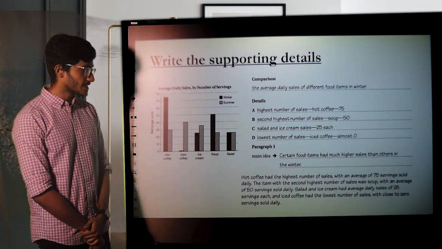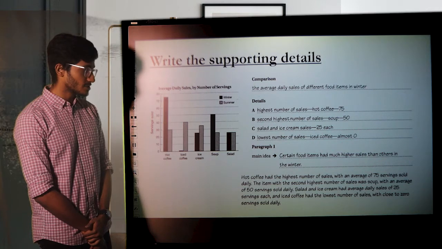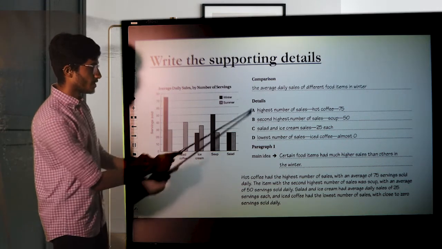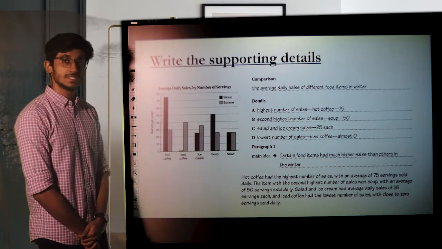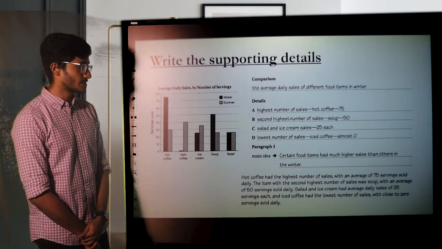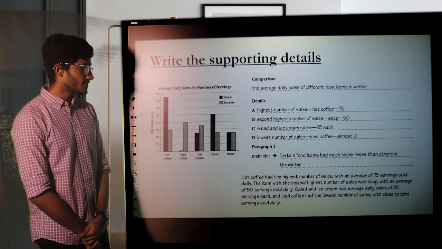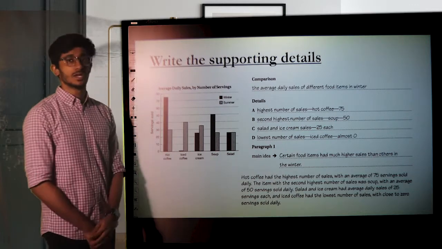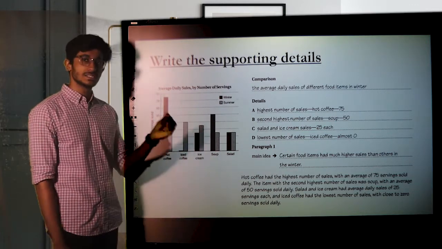"Hot coffee had the highest number of sales with an average of 75 servings sold daily." Here you have picked your first detail. "The item with the second highest number of sales was soup with an average of 50 servings sold daily." Here you have used the second one. See how they have joined the sentences?